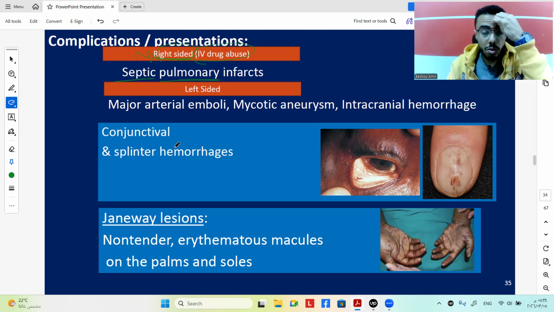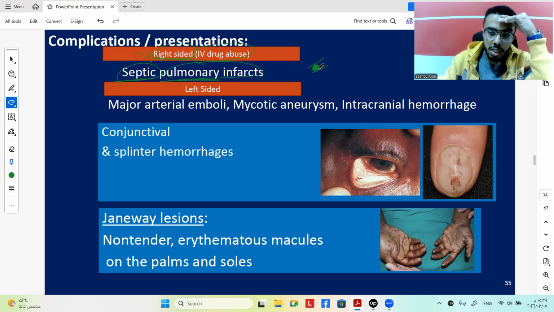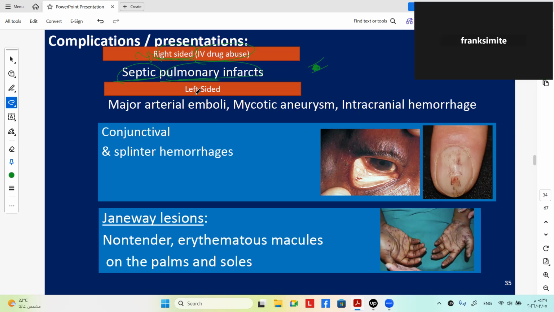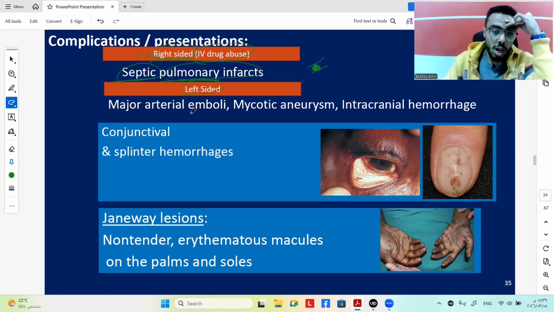So it would spread those infectious bacteria into the lungs, causing emboli. The emboli would cause infection, so it's a pulmonary infection, but a septic one because it's bacteria doing it. If it's left-sided, it would be emboli all over the arteries.